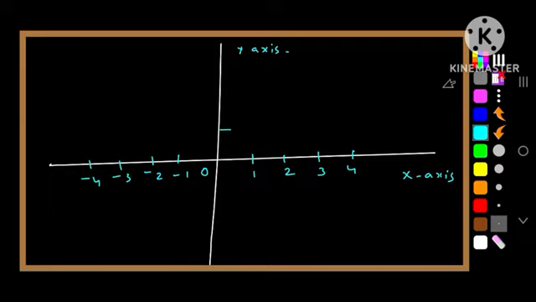The maximum value is 11 for y and the minimum value is minus 1. So we'll take the values of 3, 6, 9 and 12. So similarly we'll take minus 3, minus 6, minus 9.